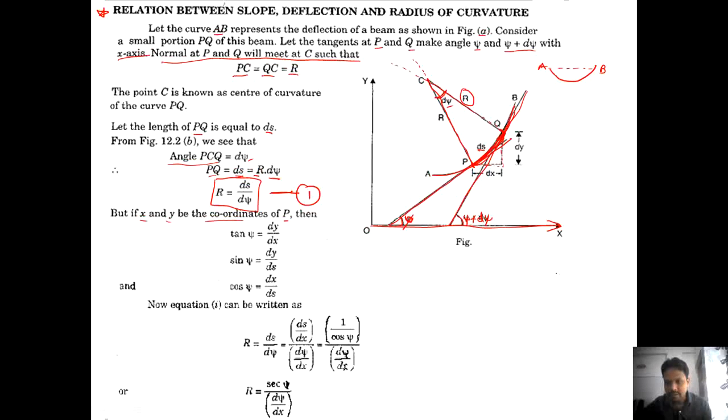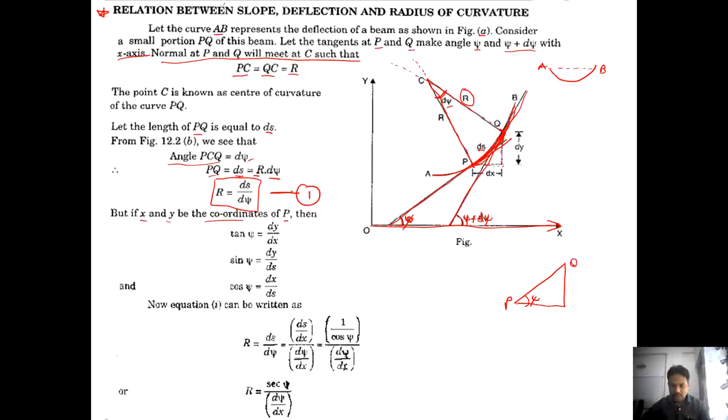So we have considered this triangle. This is point P, this is point Q. Actually this is a curve, but for the sake of calculation we have taken it as a straight line. So this is an angle of 90 and this angle is phi. Now look at this triangle PQ.